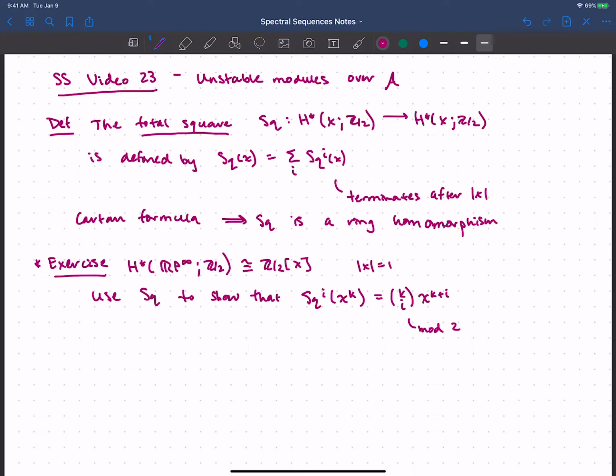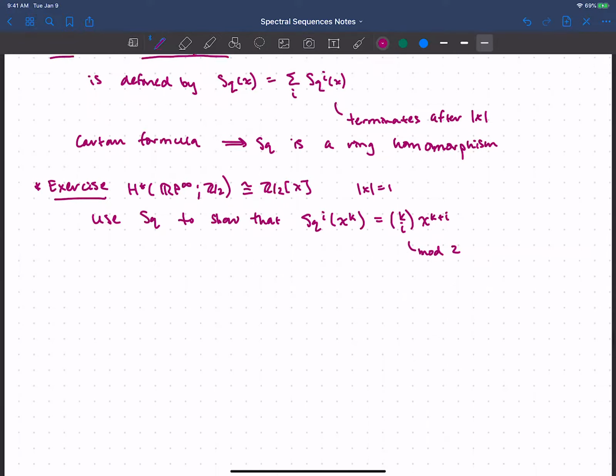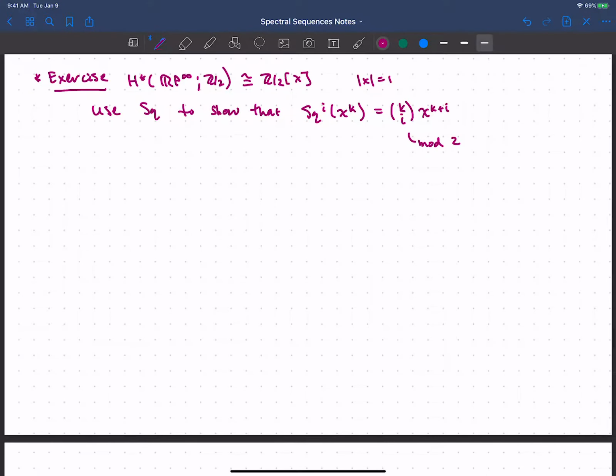So I want to investigate this a little bit more deeply because, as I said, I think the pictures are very helpful. So let's draw a picture of what this looks like. I guess I'll start here. This is going to be 1. And then I'll have x and x squared and x cubed and x to the 4th and so on.